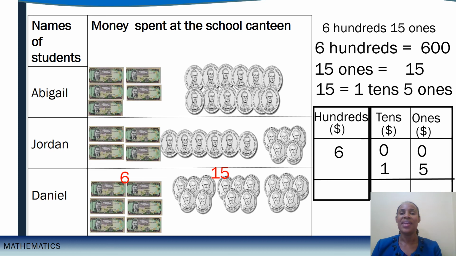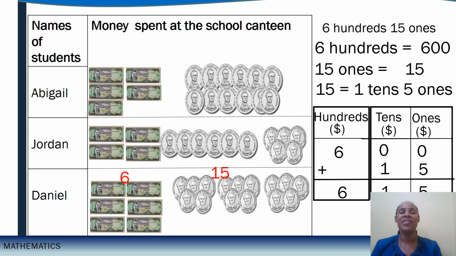And now to see how much money Daniel spent, we will add 5 ones to 0 ones, and that gives us 5. Next, we will add 1 ten to 0 tens, that gives us 1 ten. And we will add the numbers in the hundreds column. And there we have 6. So we put back our 6.